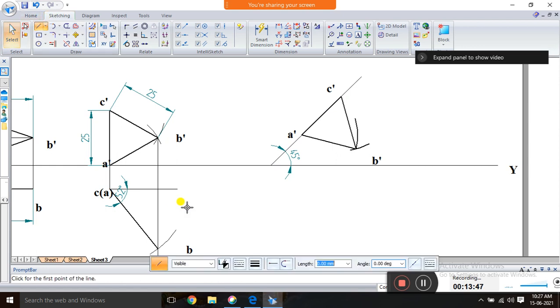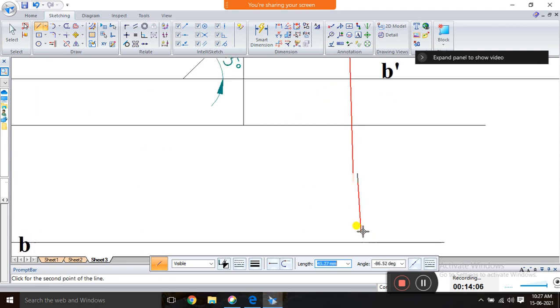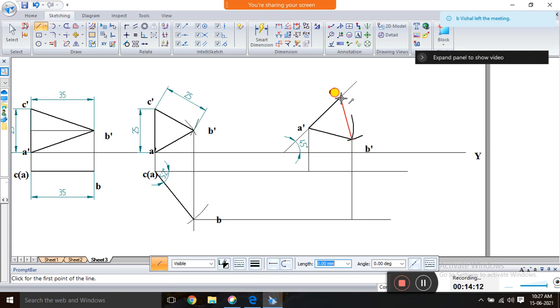Okay, so next you have to project the line for the final top view. So like this you have to project, and A is here and A is here, B is here. Okay, so B line is here, exactly vertical line you have to draw. Then C is here and C is here, and take the line.